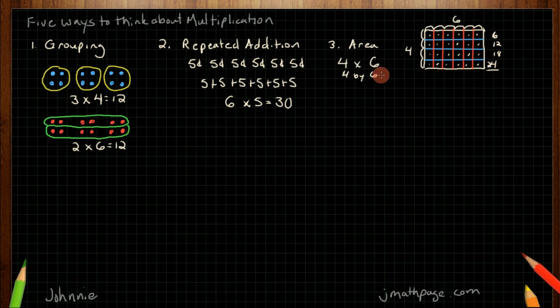Okay, so I can say that a 4 by 6 rectangle gives us 24 squares in area. Now I'm going to do this backwards. Let's look at it a little differently this time. What if instead I gave you a shape like this?